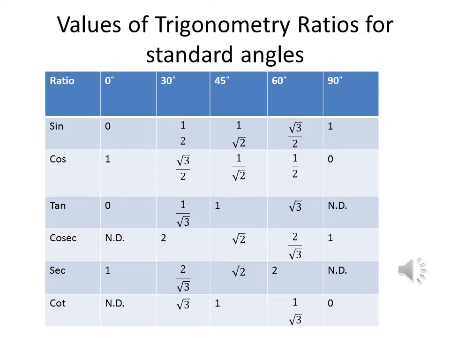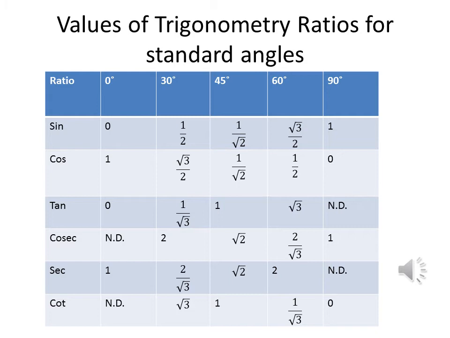I derived the remaining values from the first row. Let's see how. Sin 0 is 0. If you observe, cos 90 is 0. Cos 0 is 1. Sin 90 is 1. So it's a crisscross.